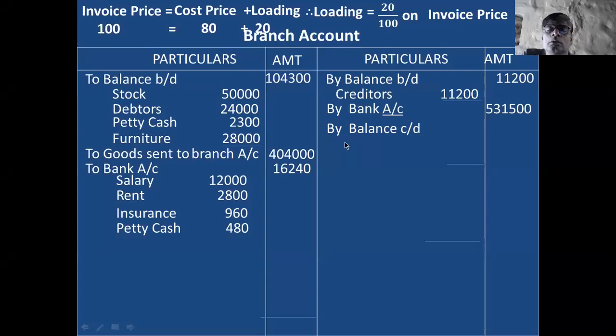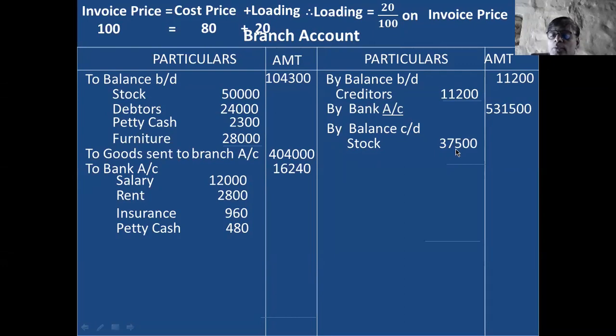Okay, now the balance carried down. In the balance carried down, you take all the asset account balances, the closing balance of all the assets. Under that, first is stock. Stock is 37,500. How I calculated it: 30,000 is the cost, and loading is 20 by 80, that is 7,500, as you were told already.